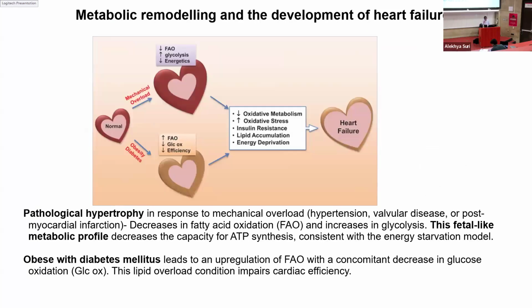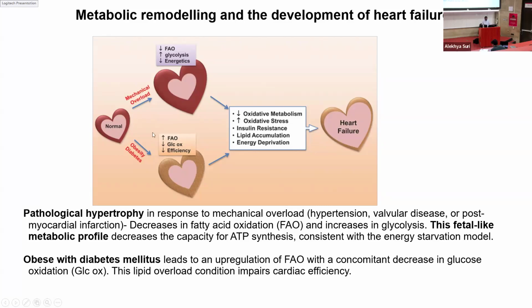So if there is any kind of disruption in the metabolic activity, that will contribute to cardiac pathology. Also, people have shown that during cardiac pathology, there is a defect in metabolic pathways. For example, as I said before, the normal heart will utilize fatty acid or carbohydrates depending on the substrate availability.